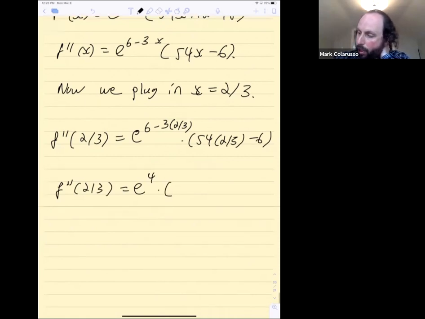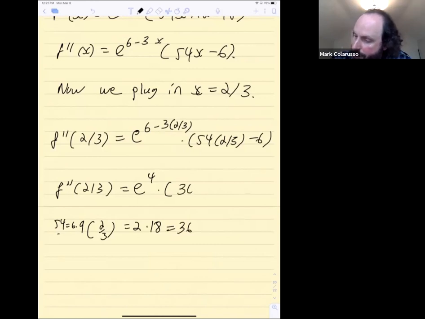Scratch work here: 54 is 6 times 9, so 2/3 of it is 36.